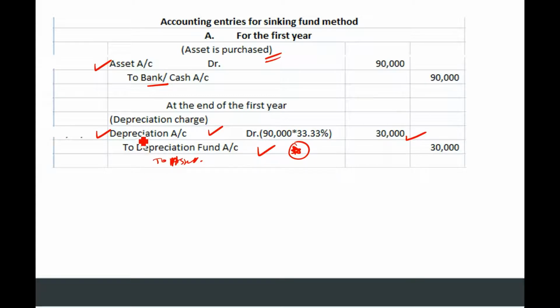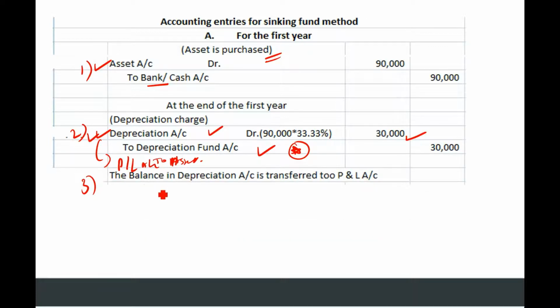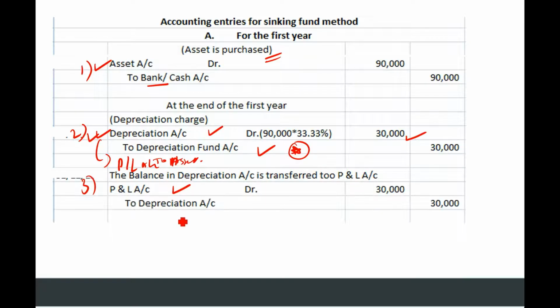But in case of the sinking fund method, we pass the entry like depreciation account debit to depreciation fund account. After this we will pass the third entry. This was first, second, now the third entry will be to transfer this depreciation to profit and loss account. So the entry will be profit and loss account debit 30,000 to depreciation account 30,000.